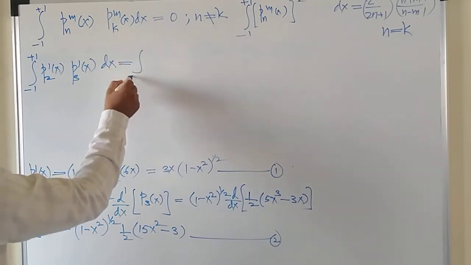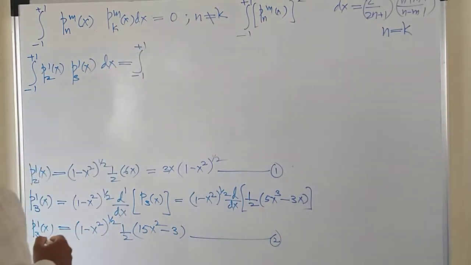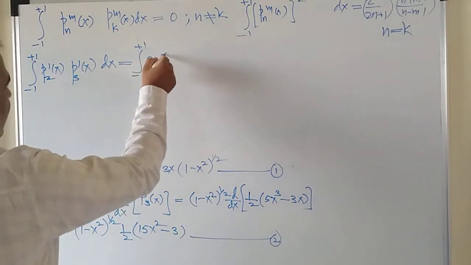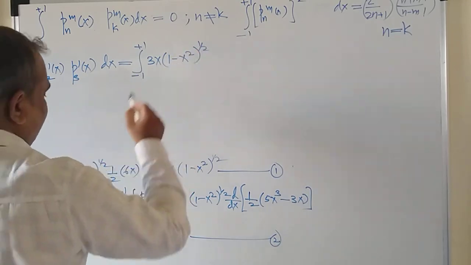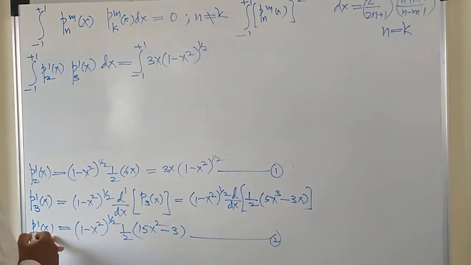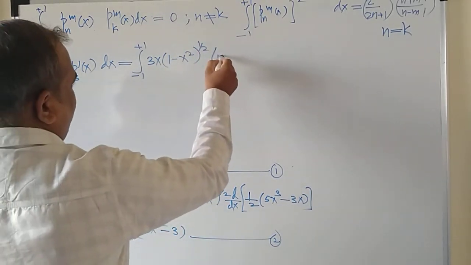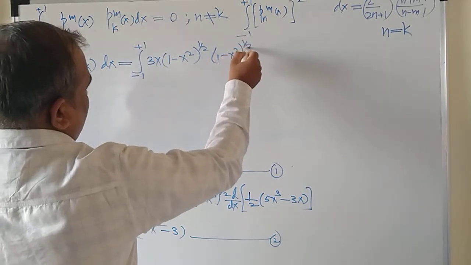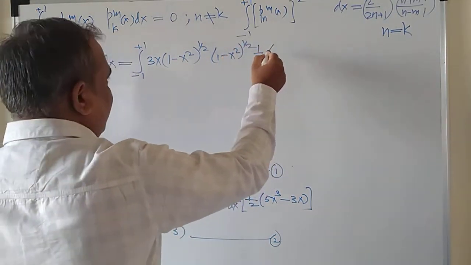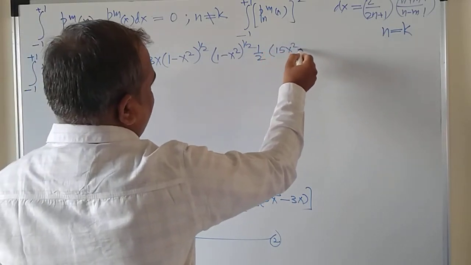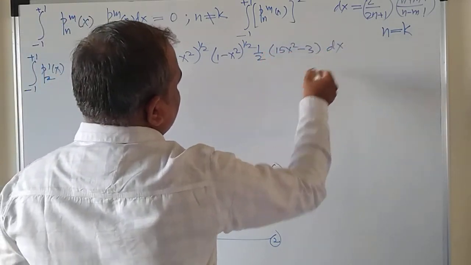This is equal to integral from -1 to +1. P2 1 of x will be equal to 3x into (1 minus x square) raised to power half, and P3 1 of x will be equal to (1 minus x square) raised to power half into (15x square minus 3) into dx.